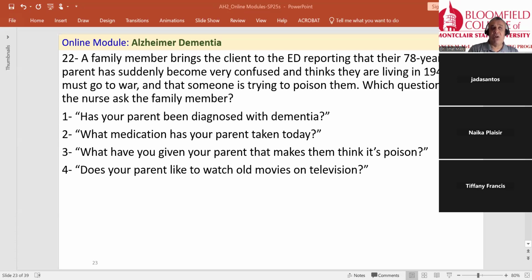You will find in the PowerPoint slides the different risk factors for delirium and how it's different from dementia. But this is the significant definition and differentiation between dementia and delirium. So, number one, has your parent been diagnosed with dementia?